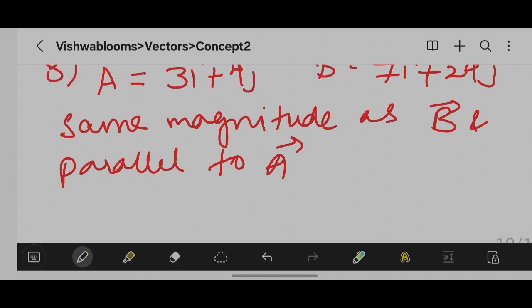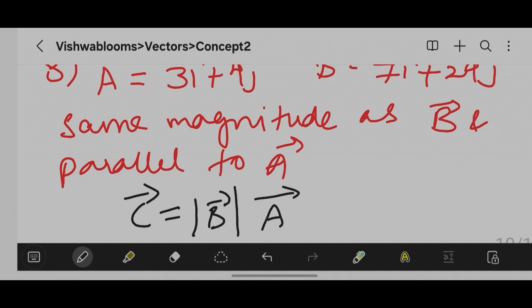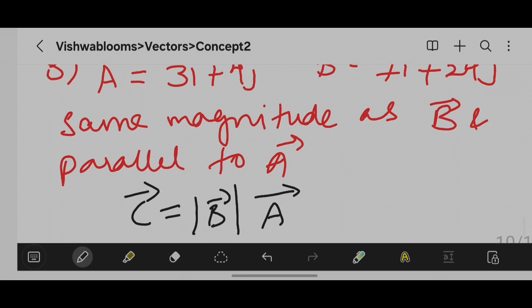Whenever we have to find a vector having the same magnitude as B and parallel to A, we assume that vector to be C bar. So you have to multiply the magnitude of B with the unit vector of A. This is the formula.